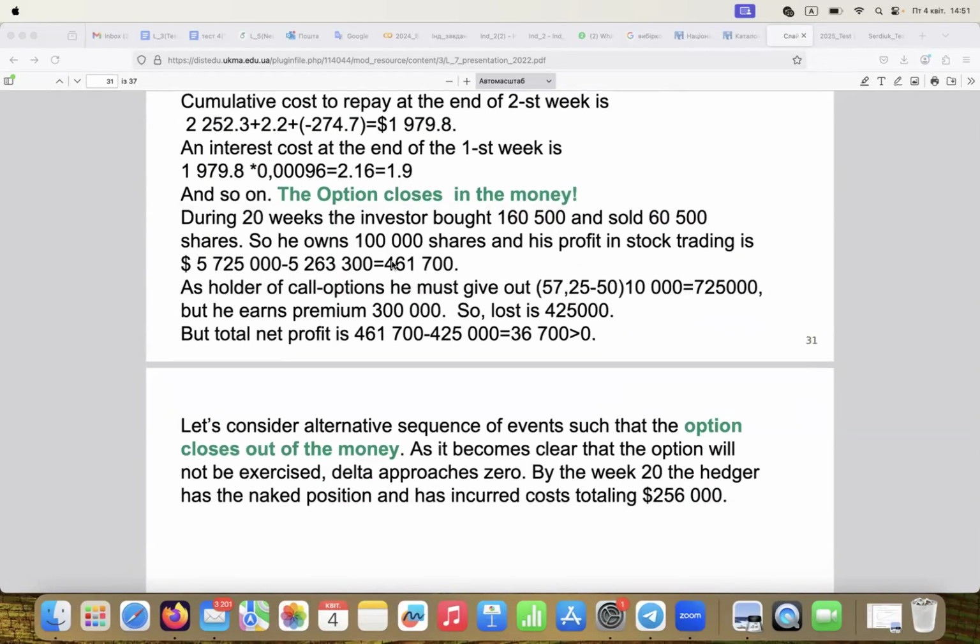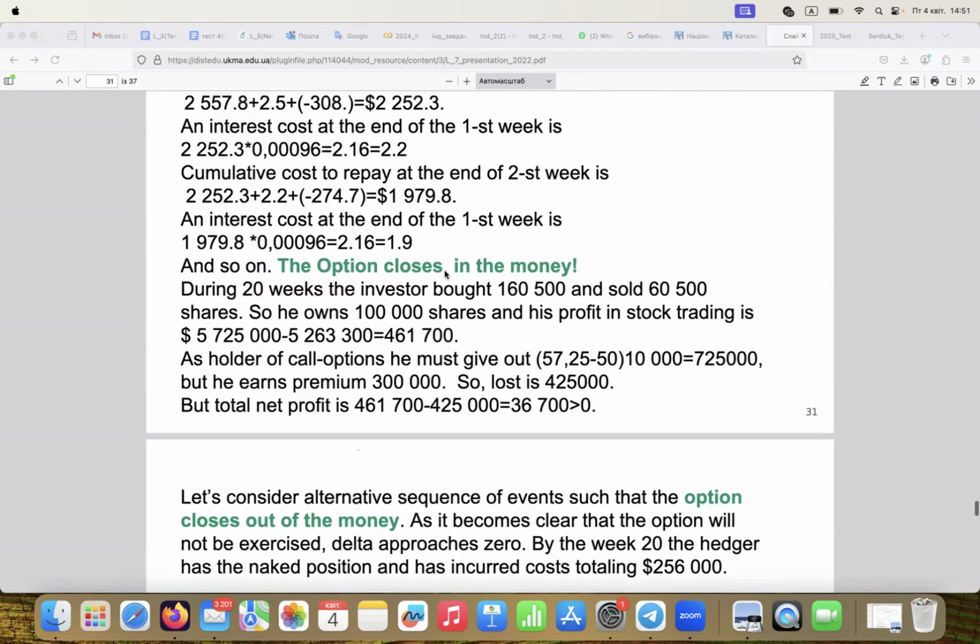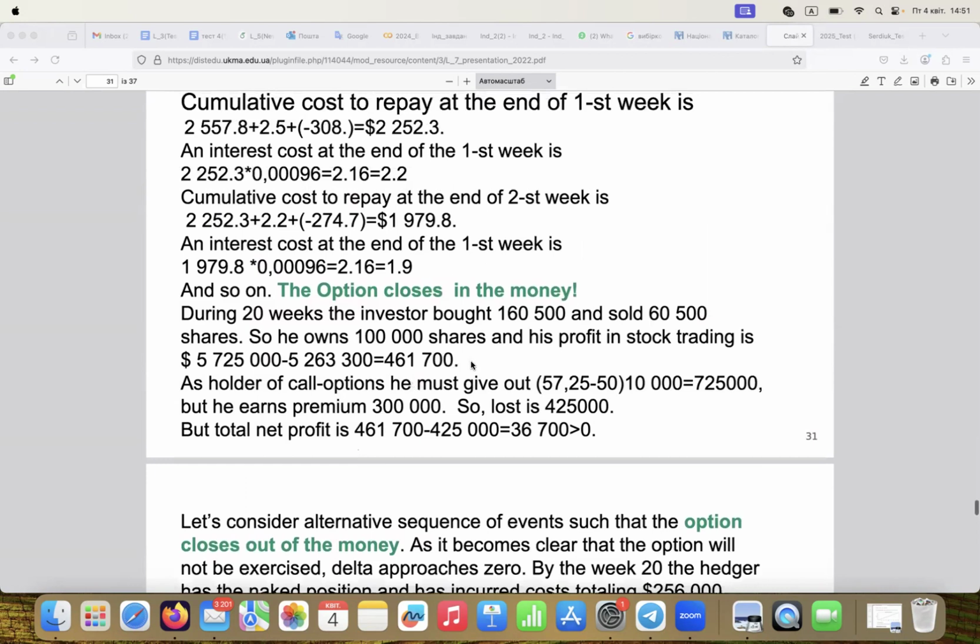Okay. It's his profit in stock trading. Okay, so if you trade only by currency, it is like this.